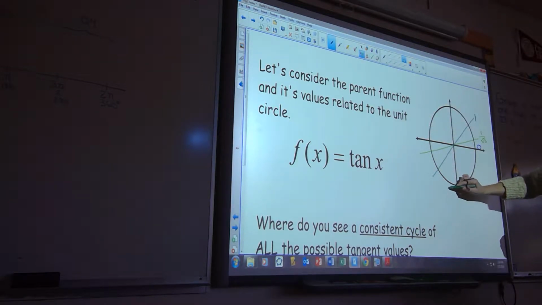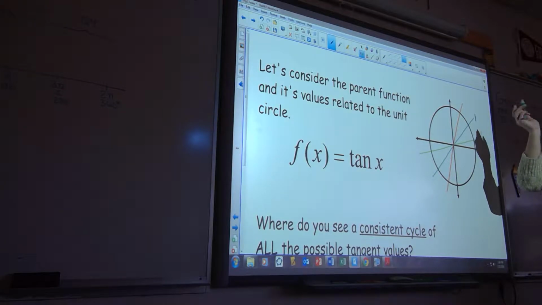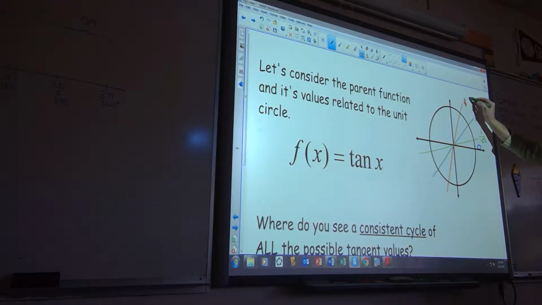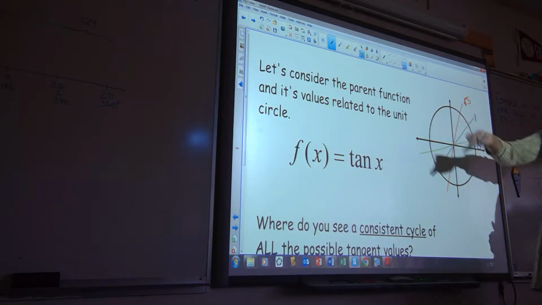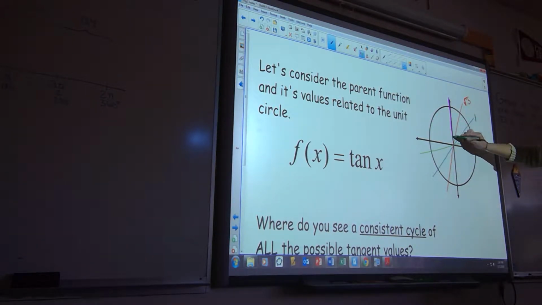At our next angle, which is pi over 3, our tangent value is root 3. And then what happens when we get here? It's undefined.